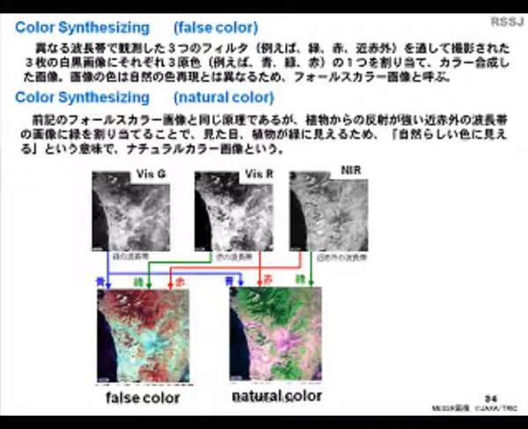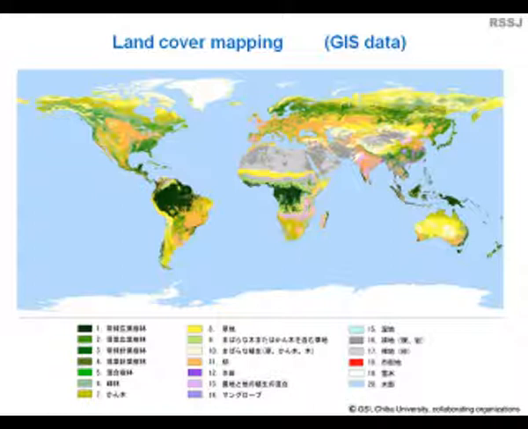Quickly, and skip. This is another color mapping, named false color, and this one is a natural color. This one is very important for optical remote sensing.